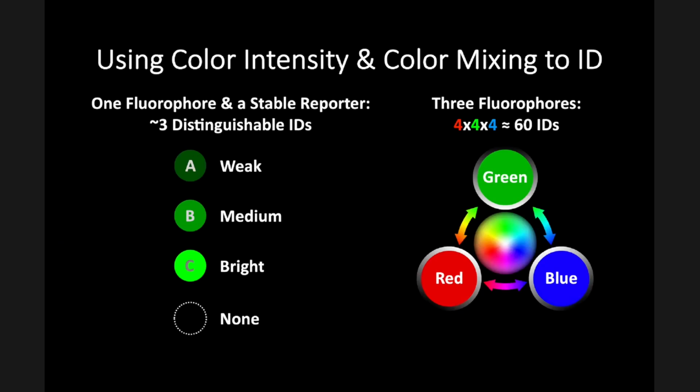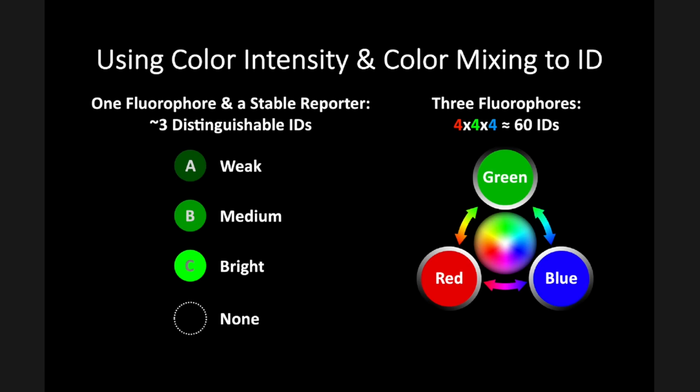And once we start to bring in other colors, now we have a combinatorial code. What I mean by that is any particular neuron, in this case, or cell, can express weak green, medium green, bright green, or no green. So we have 4 different levels of green, times 4 levels of blue once we bring blue in, right?